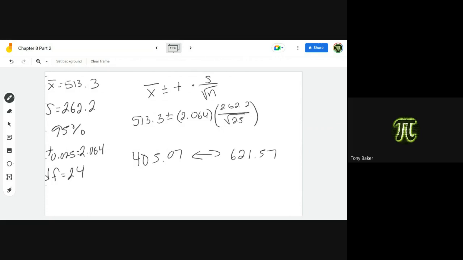All right, so we are 95% confident that it's between those two.